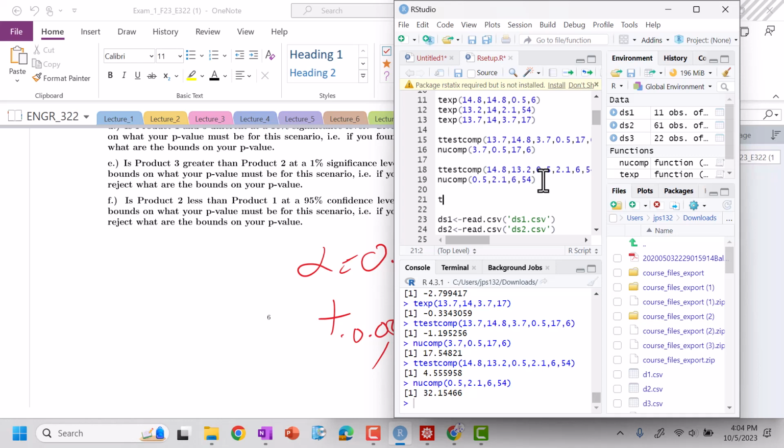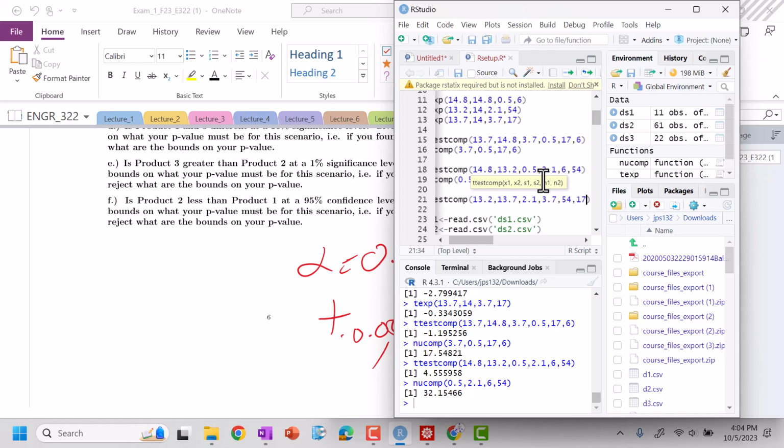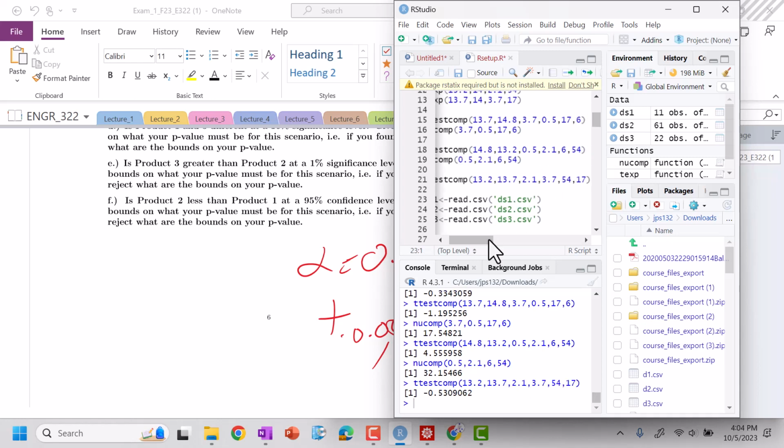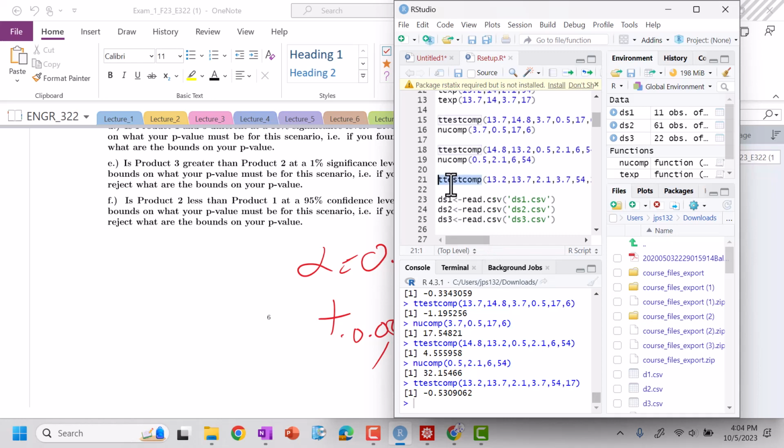So we're going to do t-test comp. It's going to be 2, 13.2, 13.7. Then we need 2.1, 3.7, and then finally 54.17. We got that value for our t-test comparison. We're at the home stretch.